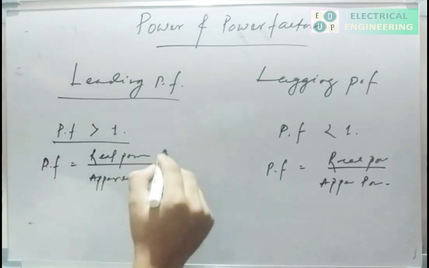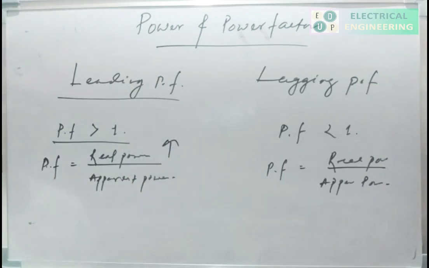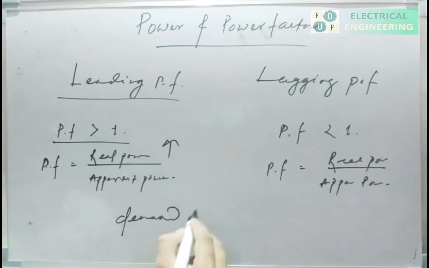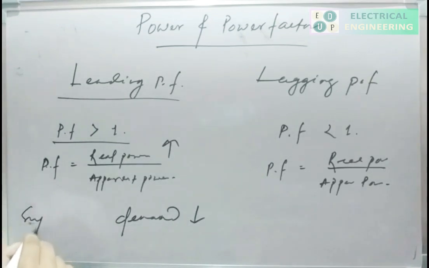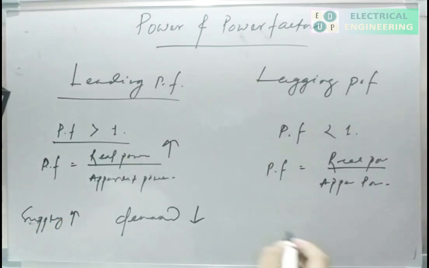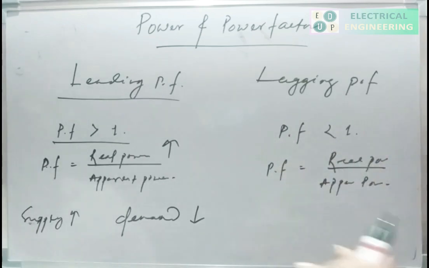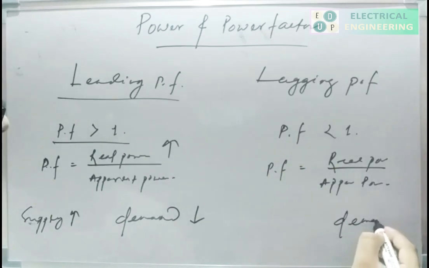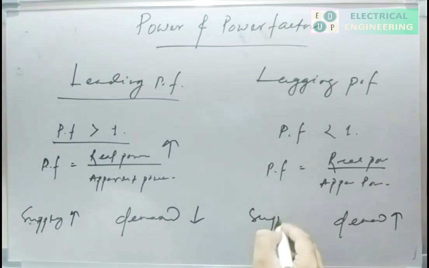So if power factor is greater than 1, it means real power is more than apparent power, which happens when there is less demand than the supply. In the other case it is opposite. Power factor is less than 1, that means real power is less than apparent power, and this happens when there is more demand than the supply.